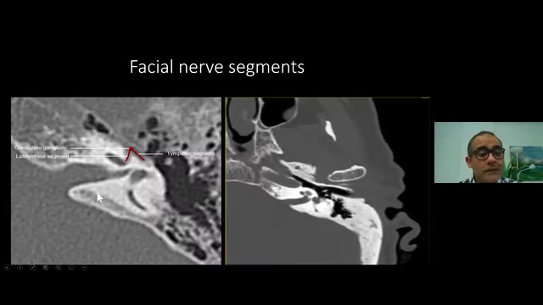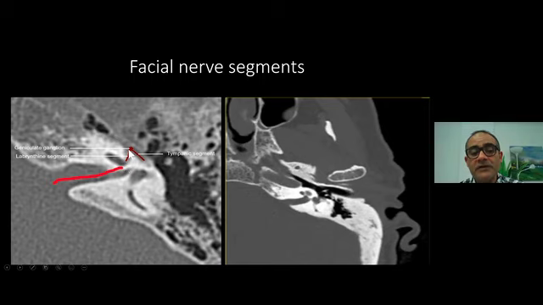So remember again that the facial nerve will go first into the canal, and then it will give you this inverted V shape. What's that? This is the labyrinthine. I told you it's between the cochlea, this is the basal turn of the cochlea, and the vestibule is here. So you have the vestibule posteriorly, and the cochlea anteriorly. The facial nerve will give the labyrinthine segment here. And then this dot is the position of the geniculate ganglion.